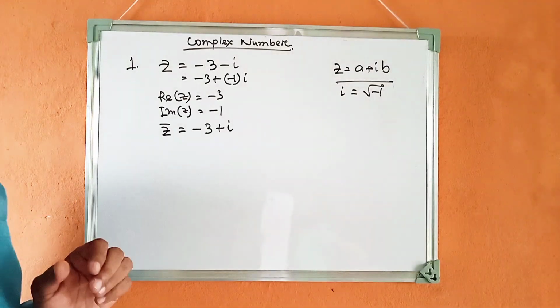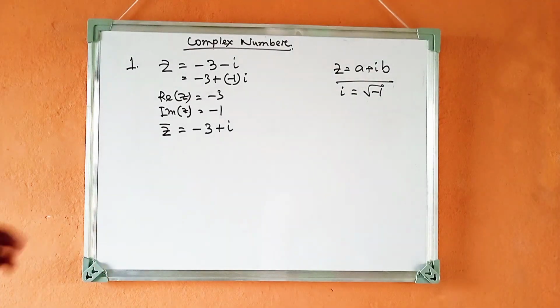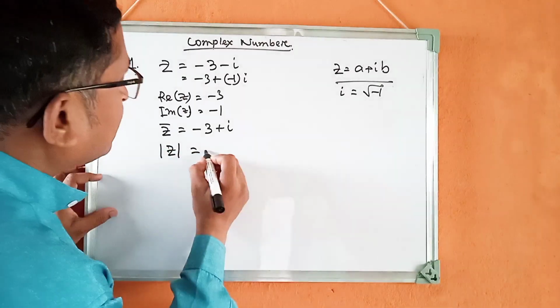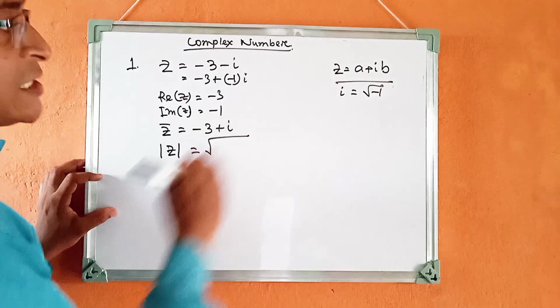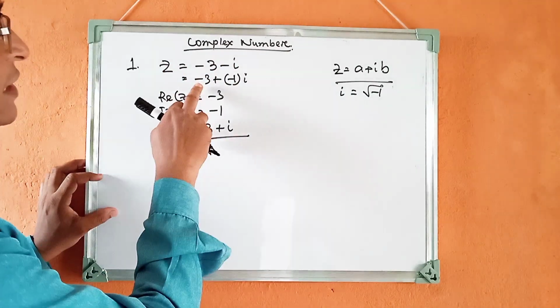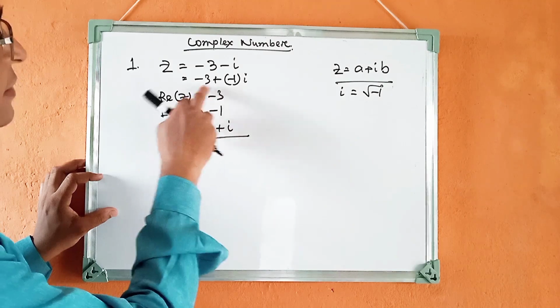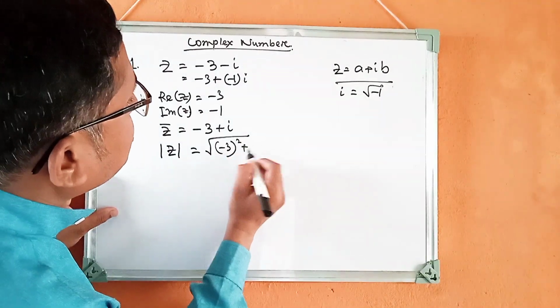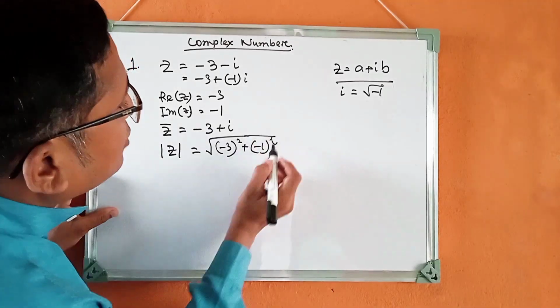Now the next question is find the modulus of Z. The formula for the modulus of Z is root over of A square plus B square. Z equal to minus 3 minus i, A equal to minus 3, B equal to minus 1. So modulus of Z equal to root over of minus 3 whole square plus minus 1 whole square.